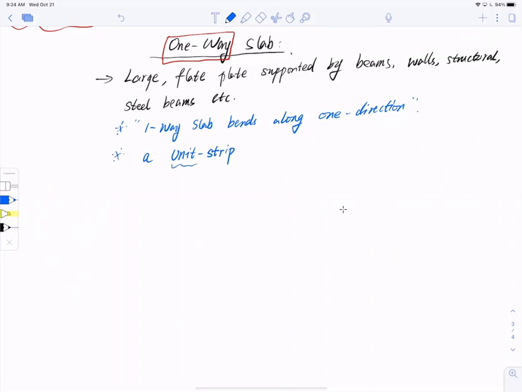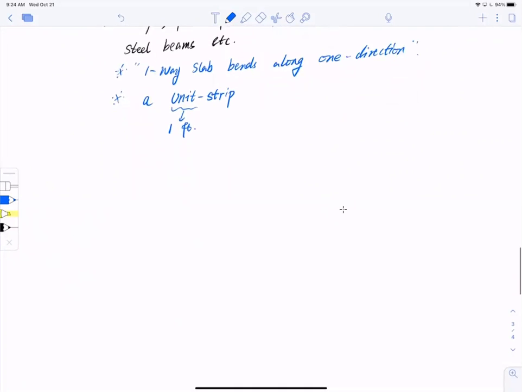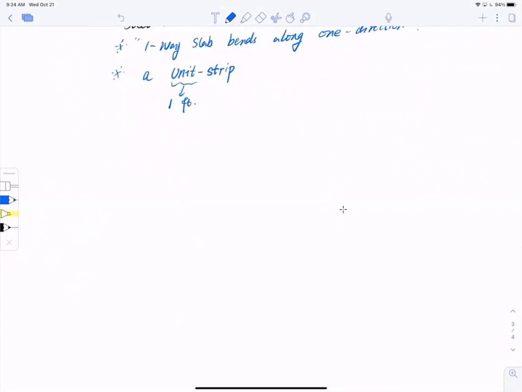What does unit mean? It's usually by 1 foot. So put it into a picture. That means I have a flat slab like this, and only it bends in this direction, like so.